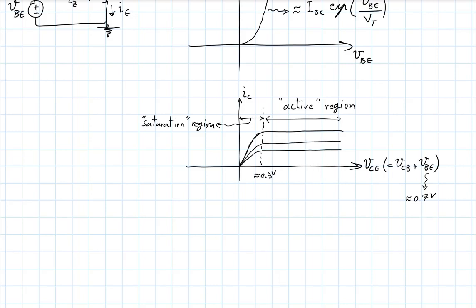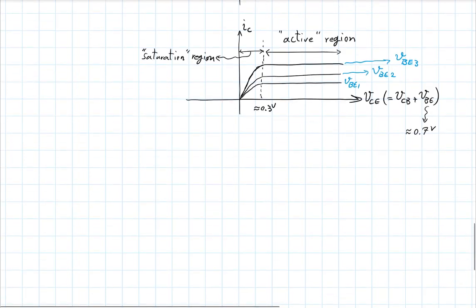Each of these curves corresponds to a different value of VBE. Let's call this VBE1, VBE2, and VBE3. And in this particular case, the order is like this.